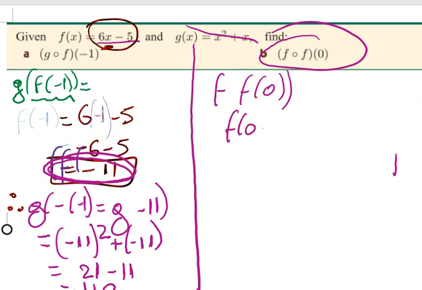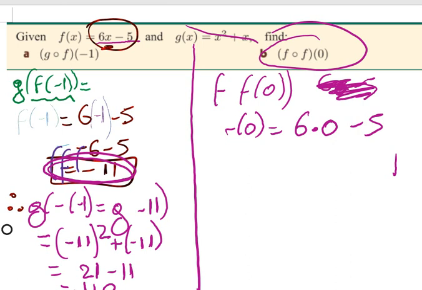So we say f of 0 equals 6 times 0 minus 5. And how do I do that? Because it was 6x minus 5, remember? Now, instead of x, I have 0. So 6 times 0 minus 5 equals minus 5. So my f of 0 is minus 5.